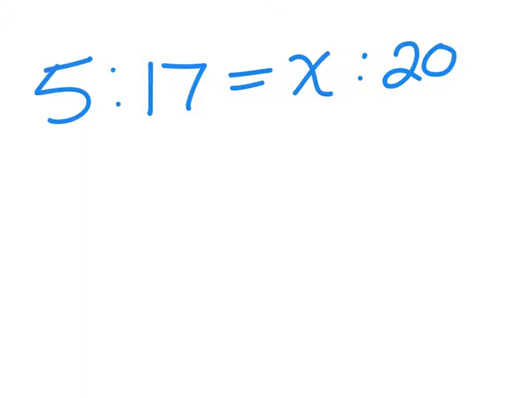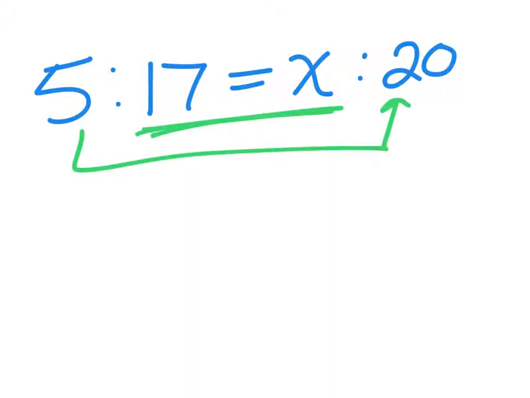Again, something that may not be as easy to do in our head, so we're going to set this up. Remember, for those of you using the means and extremes method, that's totally fine. It's just that your x happens to be located in the means area, so you would multiply by the extremes first, then divide by 17.